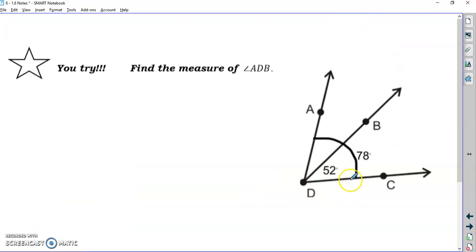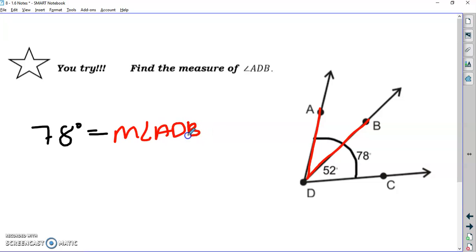So one more example. This is indicating that the whole angle ADC is 78 degrees. So 78 degrees equals our smaller two angles added together. So ADB is what we're trying to find. So the measure of angle ADB plus the measure of angle BDC, which is 52 degrees.